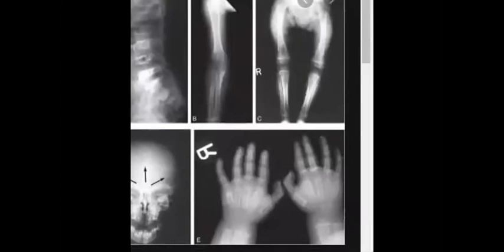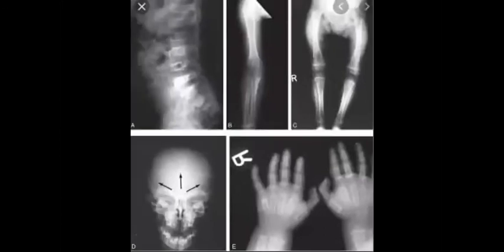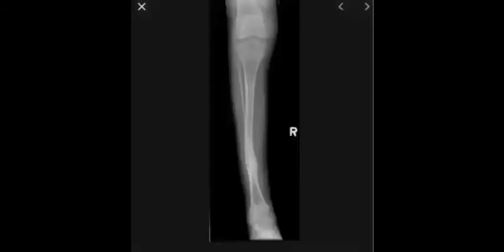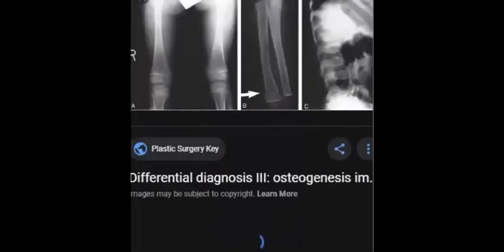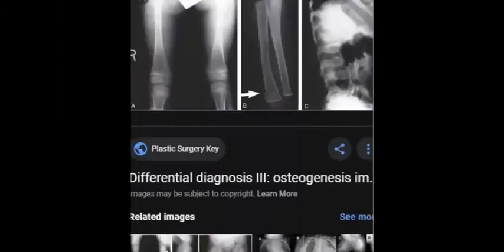You know that it is sometimes a differential with other types, and it can be associated with kinky hair syndrome, acro-osteolysis, cleidocranial dysostosis. So Wormian bones, fractures again. Okay, you have many appearances.